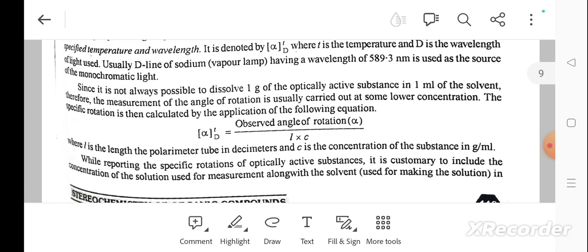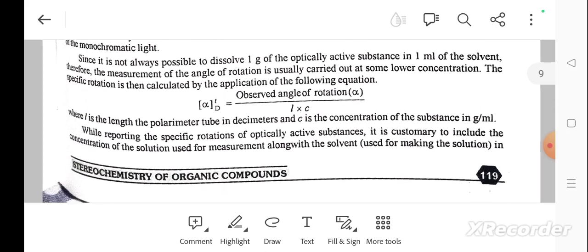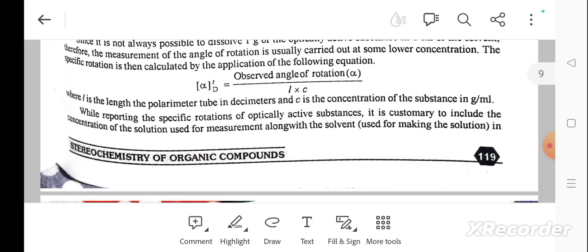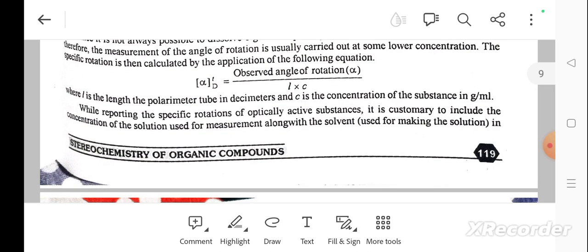Since it is not always possible to dissolve 1 gram of optically active substance in 1 ml of solvent, the measurement of the angle of rotation is usually carried out at some lower concentration, and the specific rotation is then calculated by applying the following equation.